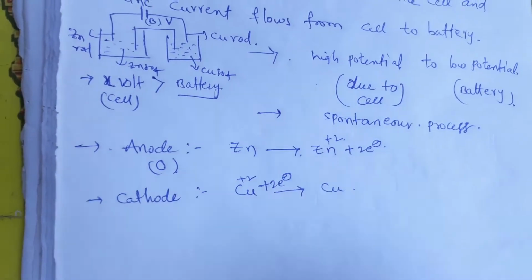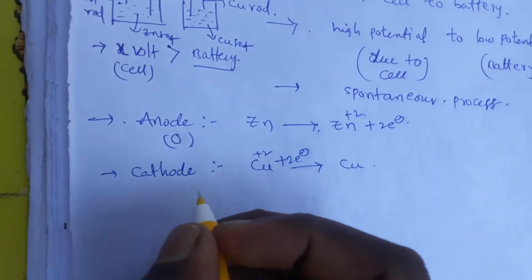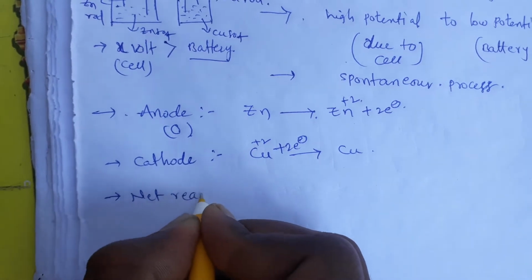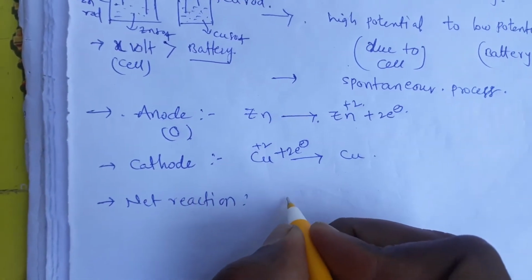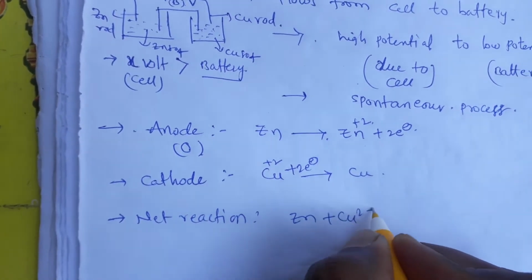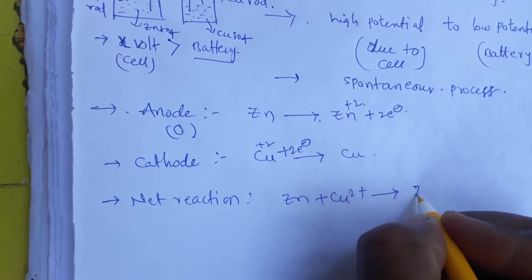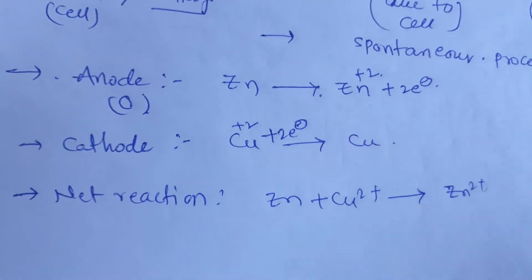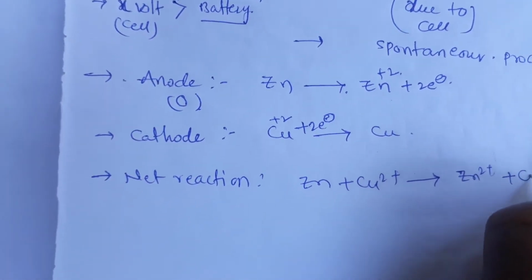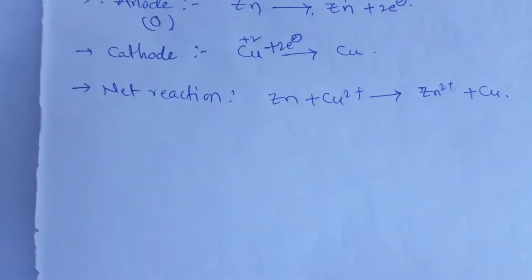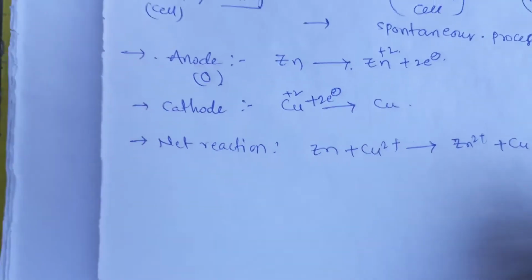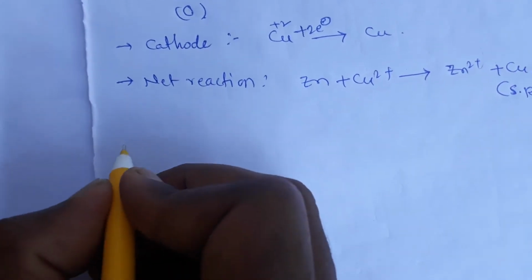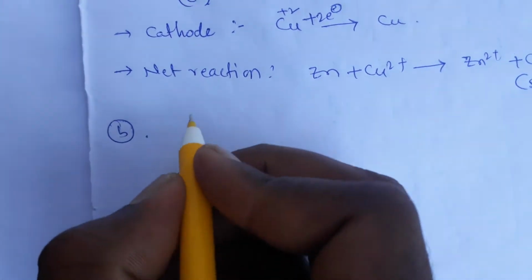This is the reduction half cell, so this is the reaction at the cathode. So the net reaction is zinc plus copper 2 plus gives zinc 2 plus plus copper. This reaction is a spontaneous reaction.